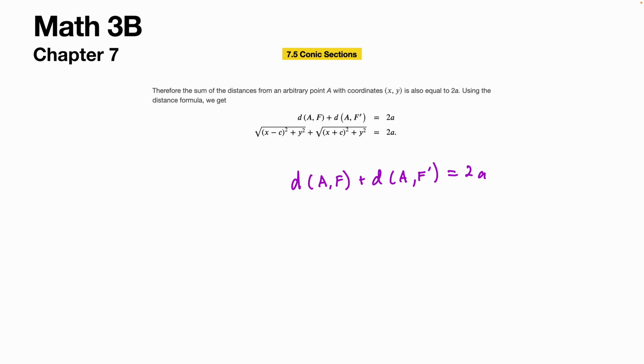Very good. So recall that F had coordinates 0, C. F prime has coordinates 0, negative C. And then that's how we get this next line here. And any point is our arbitrary point, x, y.